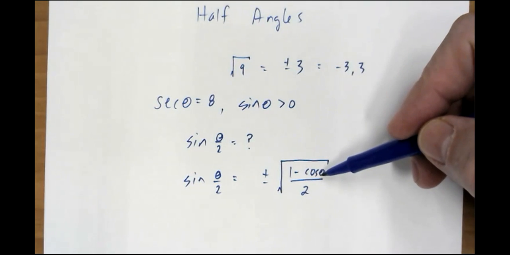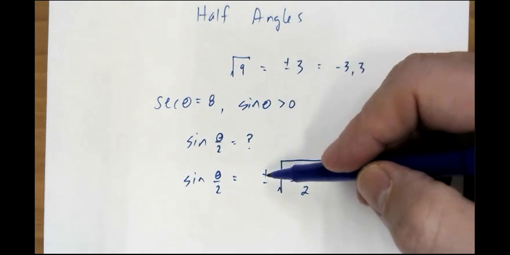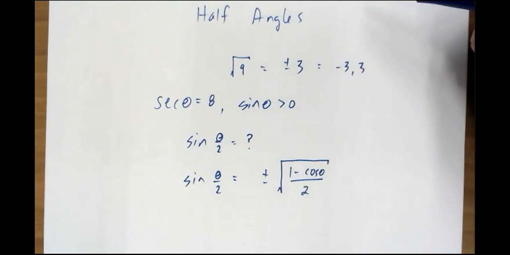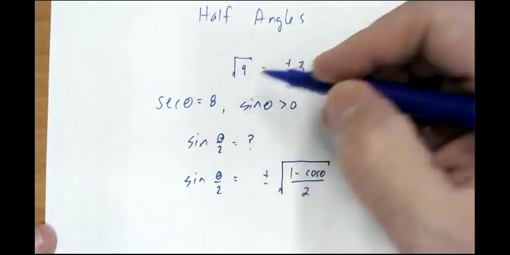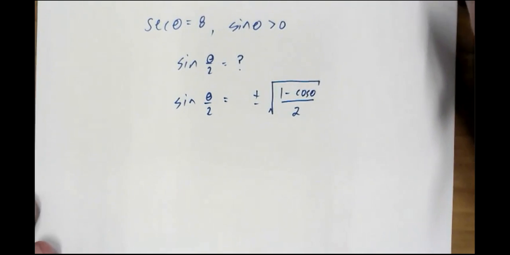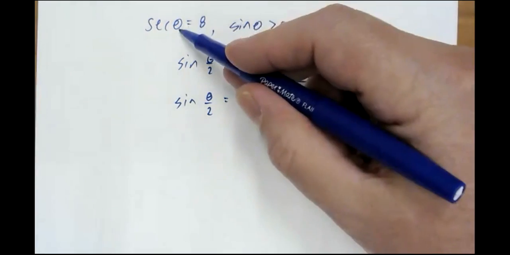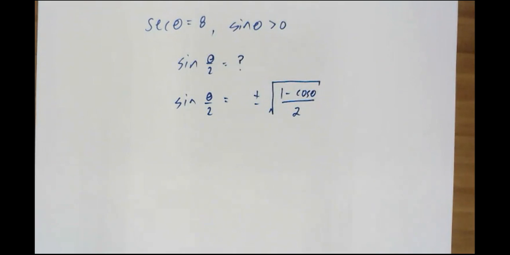Now for the cosine of theta, here's what I always do. Let's do that part first, and then we'll figure out whether it's positive or negative. I always take the information they give me, and what I like to do, and you've seen me do in the video lectures, is take this information and create a right triangle.